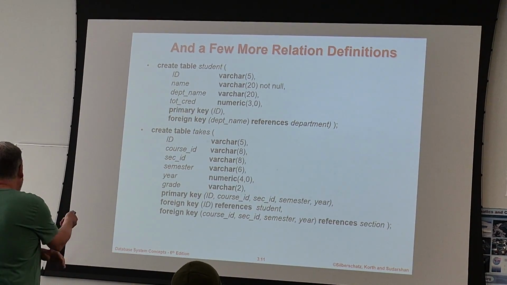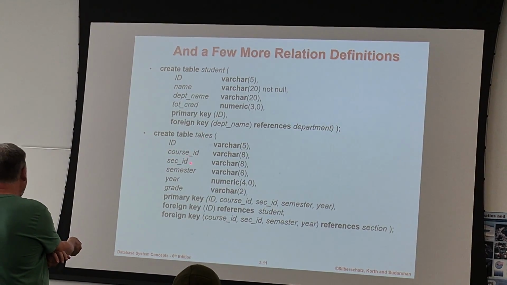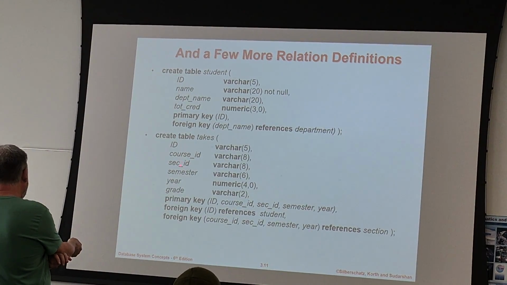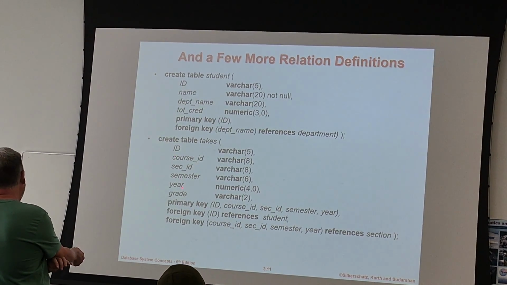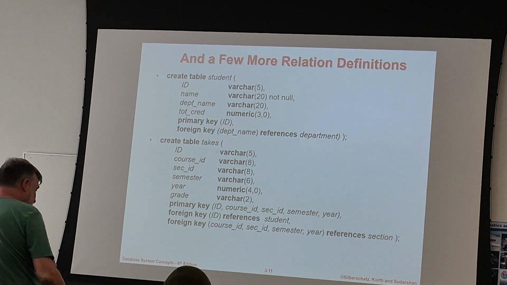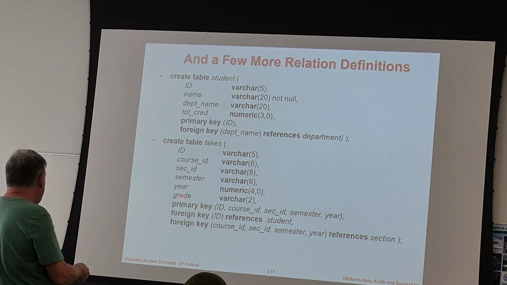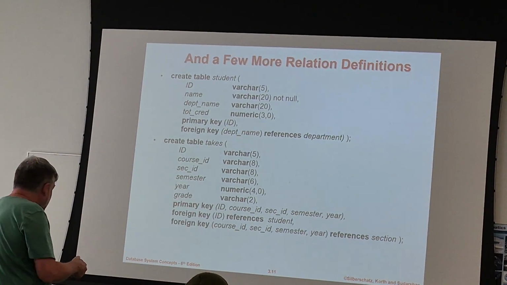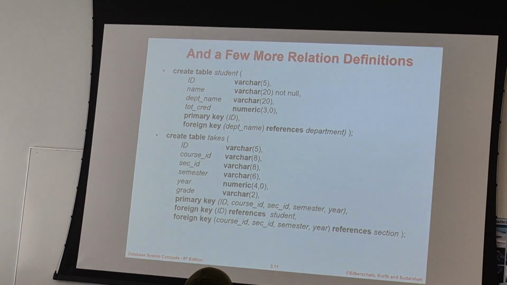But the takes table is this: the student with this ID is taking this course, this section during this semester and this year, and at the end of that semester they will be given this grade. And so this grade at the beginning of the semester is probably null because it doesn't get filled in until the professor sends in grades after the final exam.